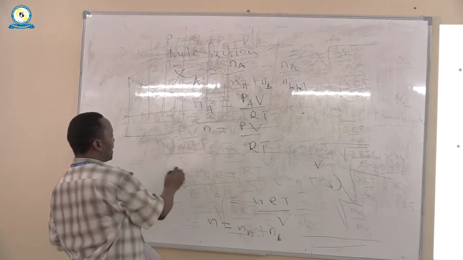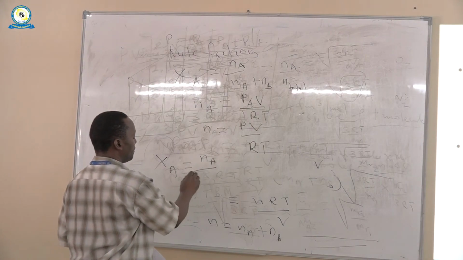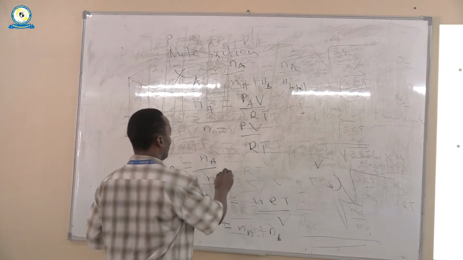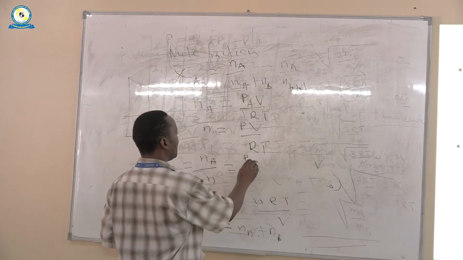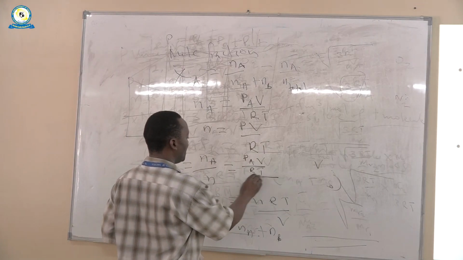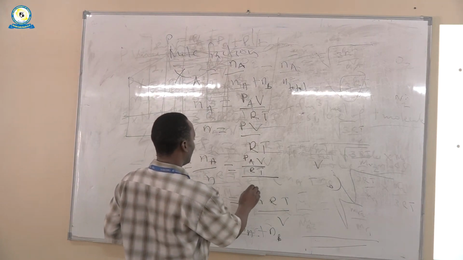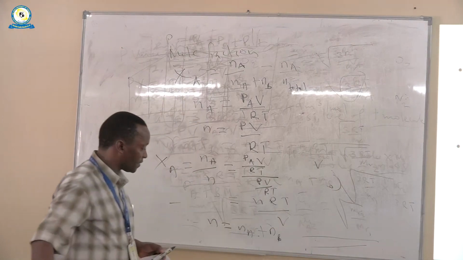So we have the mole fraction XA being equal to nA over n. This is the same as saying that we have PAV over RT, divided by PV over RT.